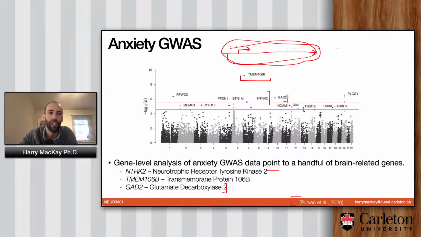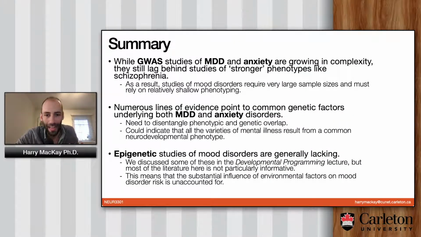The basic issue with mood disorders is that while the GWAS studies of major depression and anxiety are growing in complexity, they seem to still lag behind the stronger phenotypes like schizophrenia. I think that makes sense at some level.